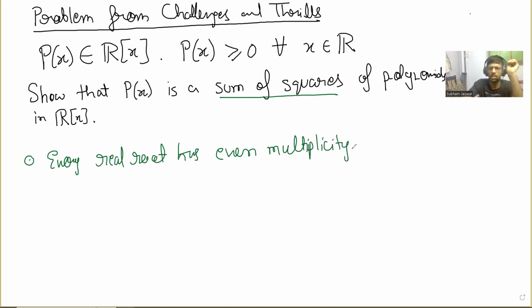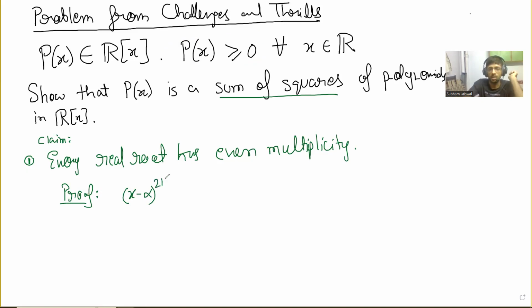Is this my claim? Is it right? No, I mean, not for any P, but for our P(x). Because if it's an odd multiplicity, then we can just check. Okay, so proof. Suppose alpha is a root. We will use that P(x) is greater than or equal to 0.